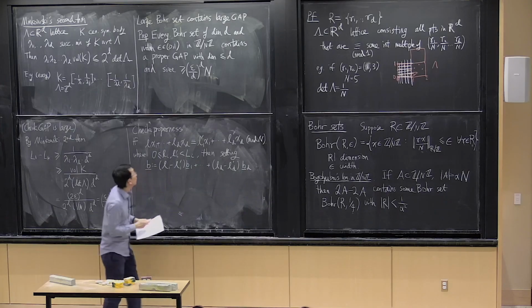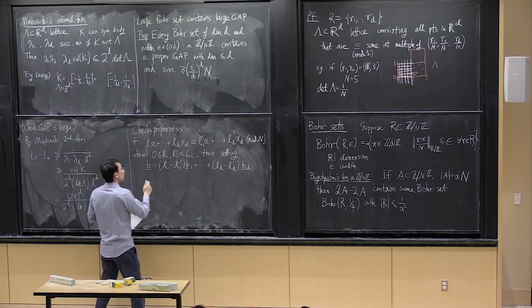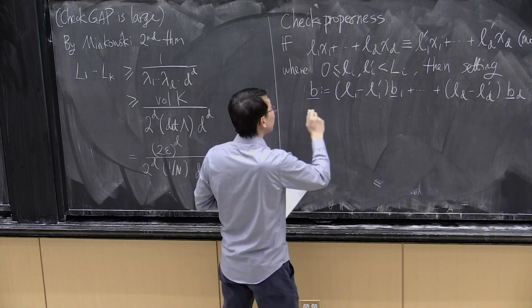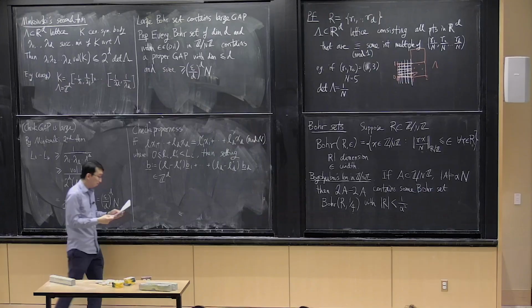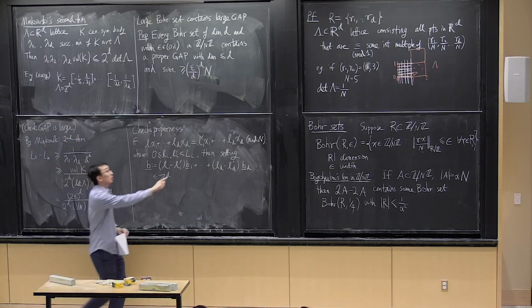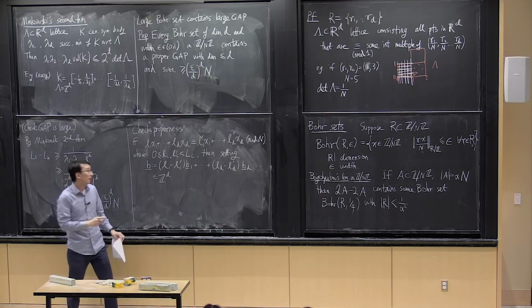If we set b to be the difference of these two numbers, we find that, first of all, it lies in Z to the d, because these two numbers are congruent to each other mod n.